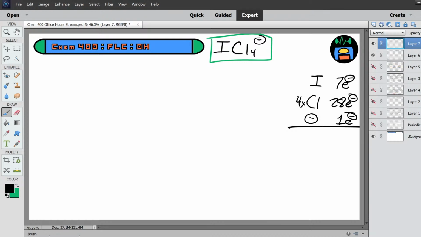So 28 plus 8 is 36, and that is our electron budget.